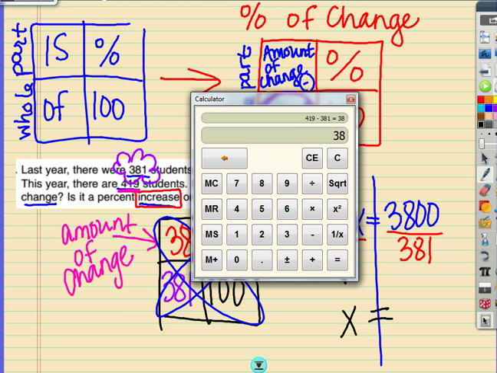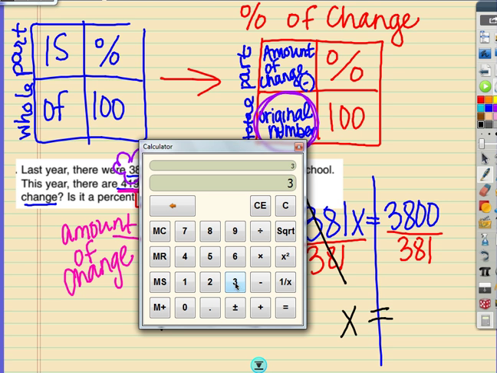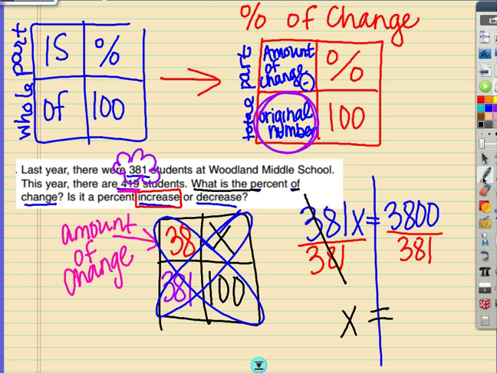I'm going to go ahead and use our calculator here. So 3,800 divided by 381. Let's round it to 10%. This 9 tells this 9 to go up, so we'll say this is about 10%.